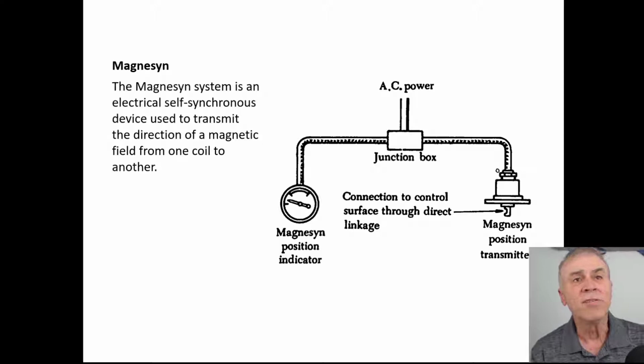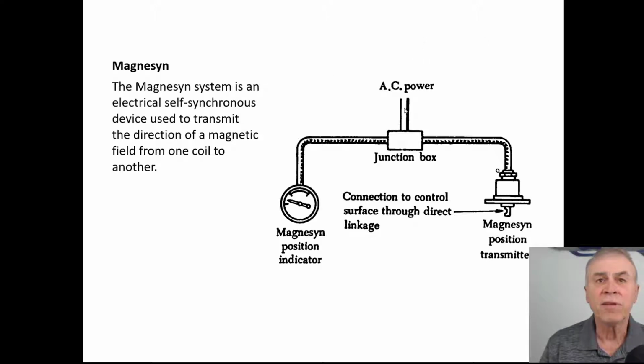The Magnesyn system is an electrical self-synchronous device used to transmit the direction of a magnetic field from one coil to another. So we see we've got the AC coming in.